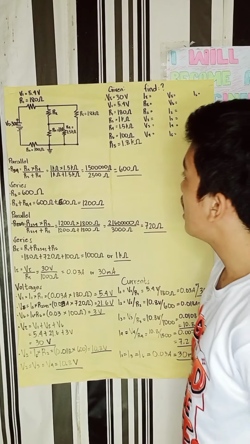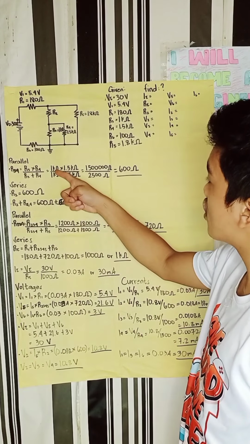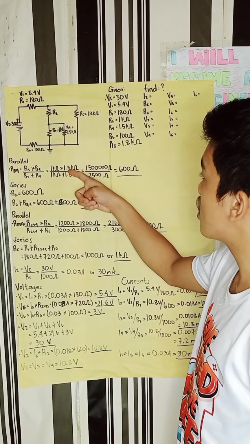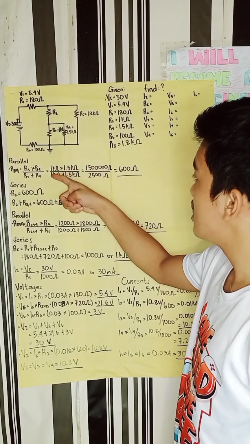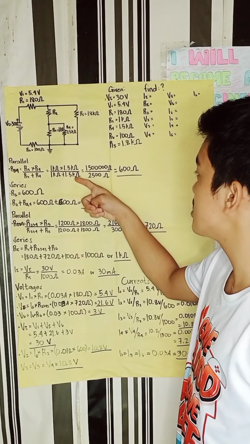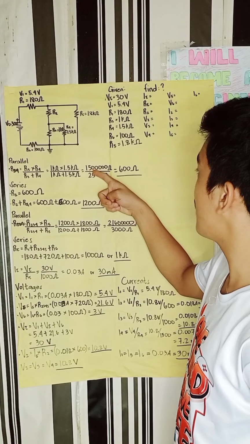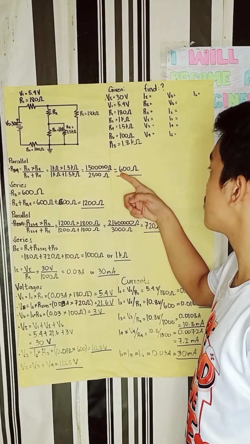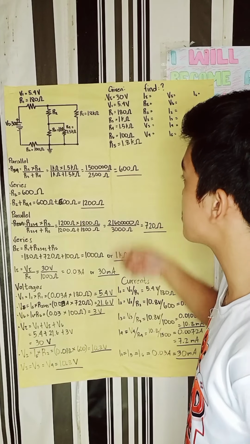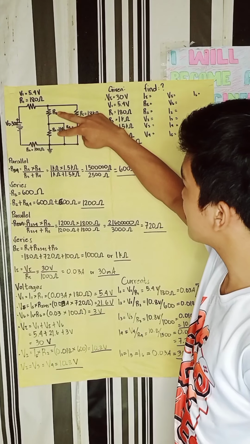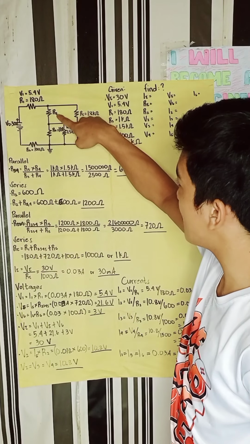R3 equals 1 kilo ohms or 1000 ohms times R4 equals 1.5 kilo ohms or 1500 ohms, divided by 1000 ohms plus 1500 ohms, which is equal to 1,500,000 divided by 2500 ohms, equal to 600 ohms. Next is the resistance of the R2.